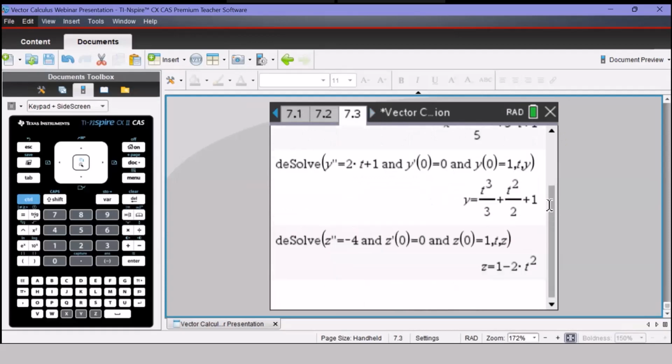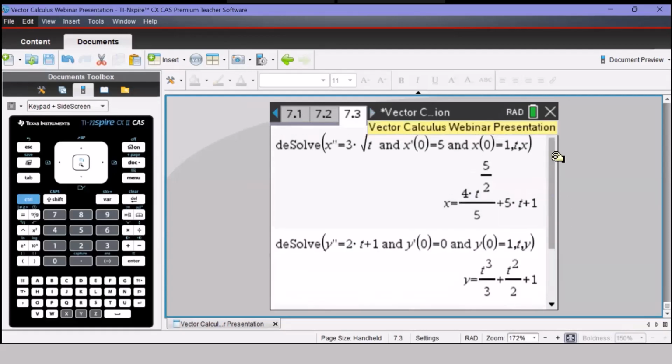Alternatively, you can use the differential equation solver 3 times separately on each component. That's the syntax for the I component there.